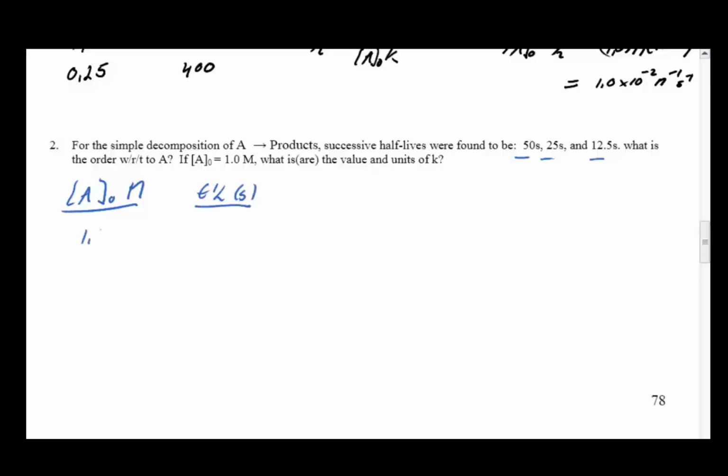Now we're going from 1 molar down to 0.5 molar, down to 0.25 molar. Note I can predict these concentrations because it's always half of the previous concentration. The first cycle of half-lives based on the original concentration was 50 seconds, then 25 seconds, and then 12.5 seconds. Clearly the time 1/2 is decreasing.